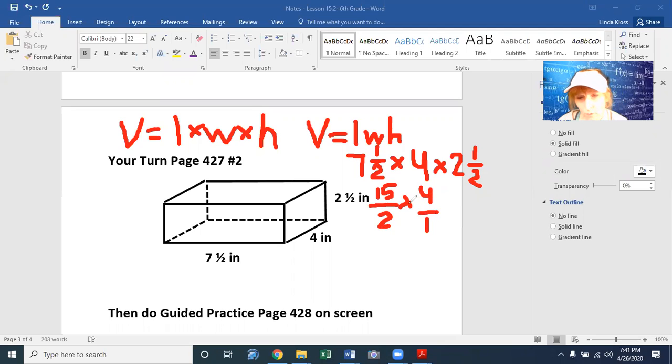So isn't 4 over 1 the same as 4? Yes. And then times whole number times the bottom plus the top. Whole number times the bottom plus the top. Clap, clap. Whole number times the bottom plus the top. Clap, clap. So we get 2 times 2 plus 1. 5 over what number? 2.